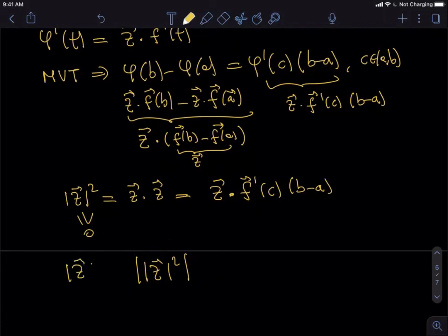So I will do it. And on this side, I get b minus a, which is positive, so no absolute value needed. And here, yes, I need to be careful. But notice now what happens.